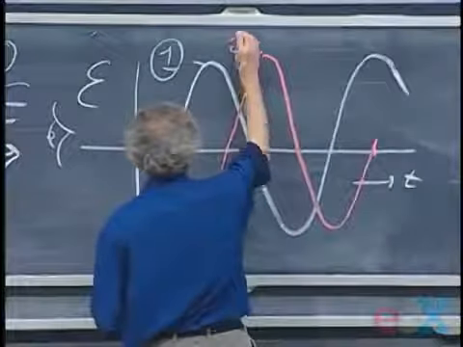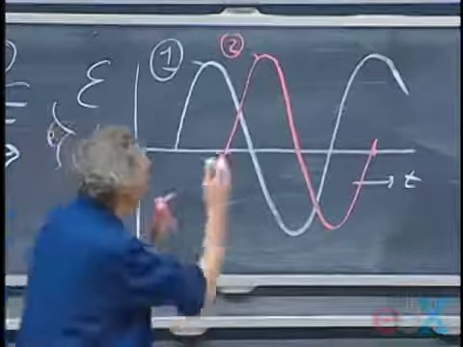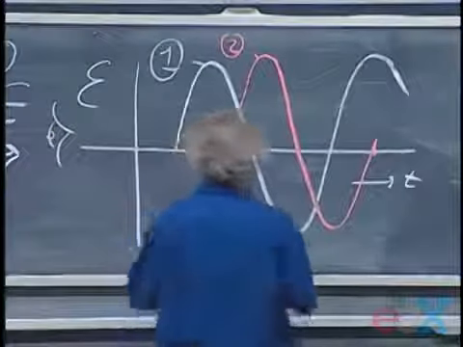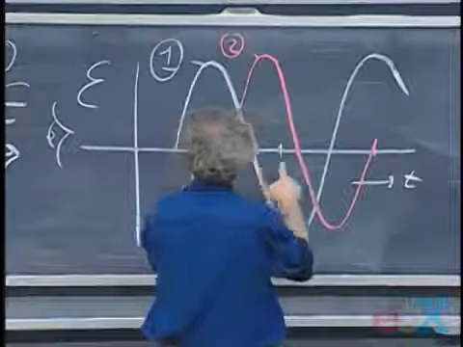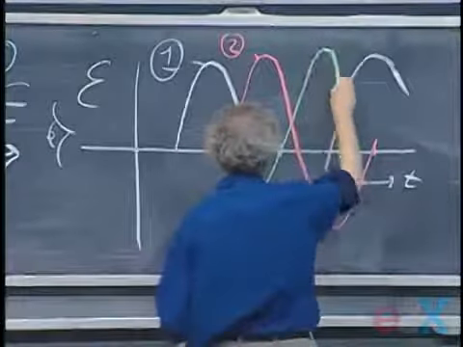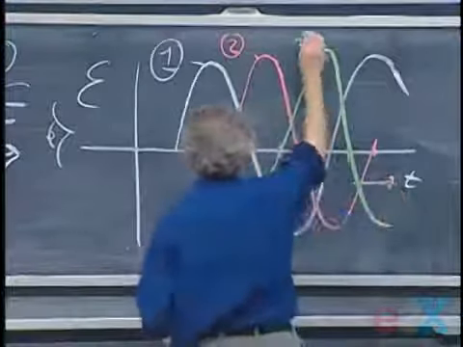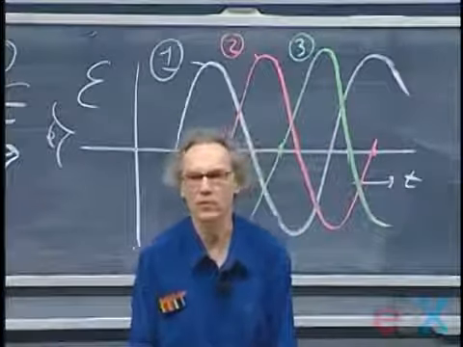So this is loop number 2. It comes a little later in time, and number 3 will again be offset, will look like this. Number 3. And this we call a 3-phase current.